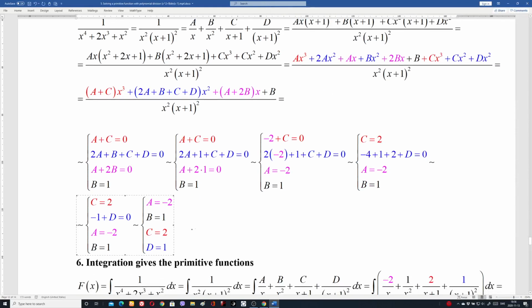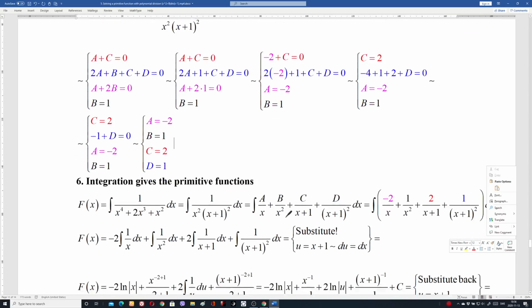So when we have this one here, which means that D is this minus 1 coming here, and minus on the other side of the equal is plus D. So now we have A is minus 1, B is 1, C is 2, and D is 1.